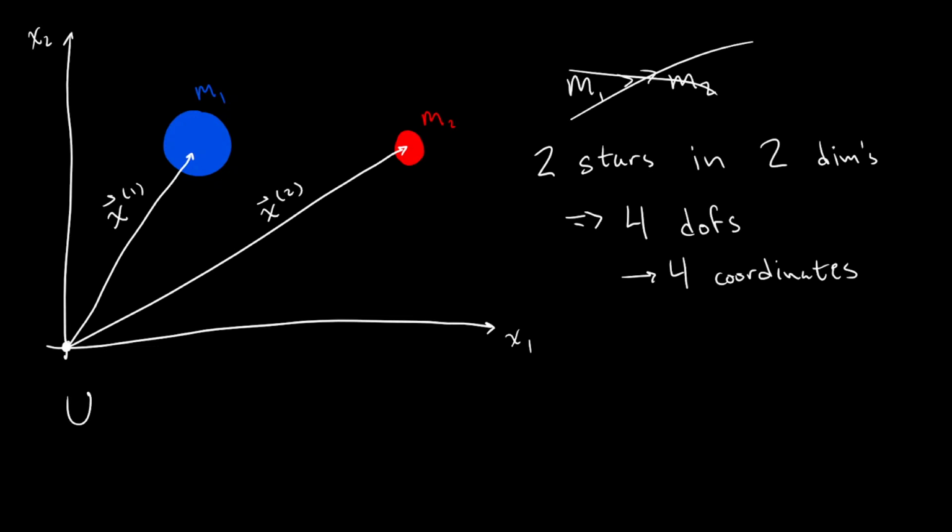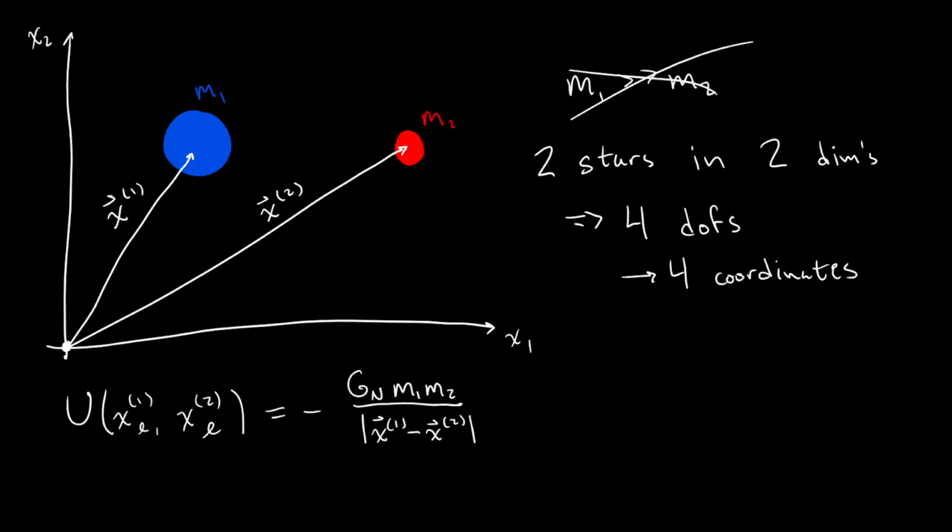And we know that the potential energy, V of x1, x2, is going to be given as G_N m1 m2 over the magnitude of x1 minus x2.